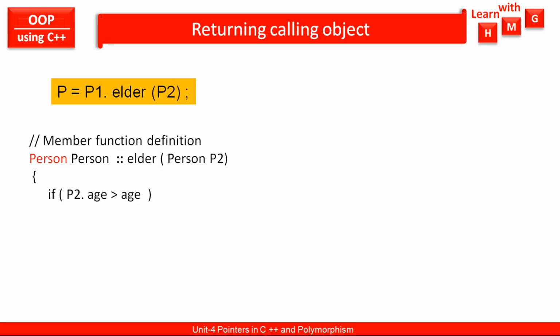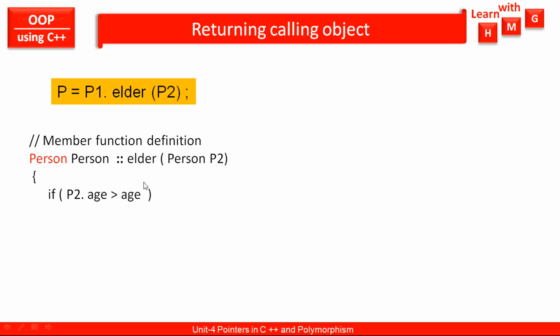Let us see. In the body of this elder function definition, I will compare the age of the P2 object with the age of the calling object. Now if P2 dot age is greater than age, here P2 dot age indicates the age data member of the P2 object, and age, only age, indicates the data member of the calling object.